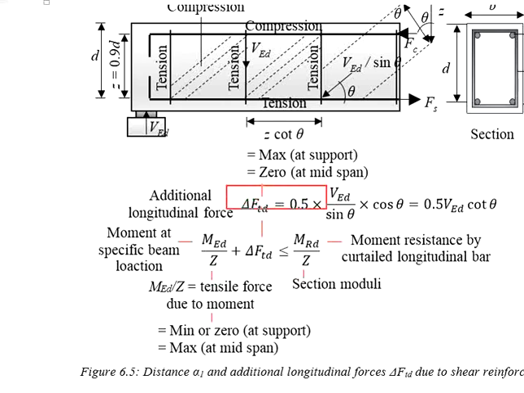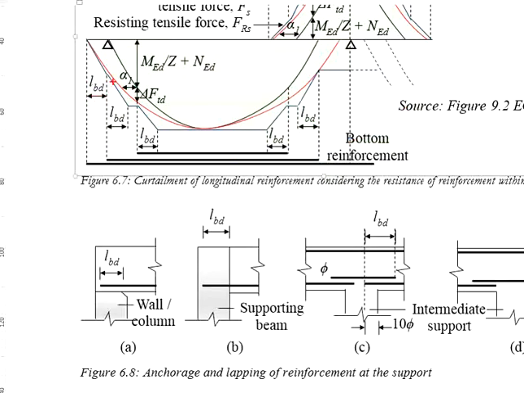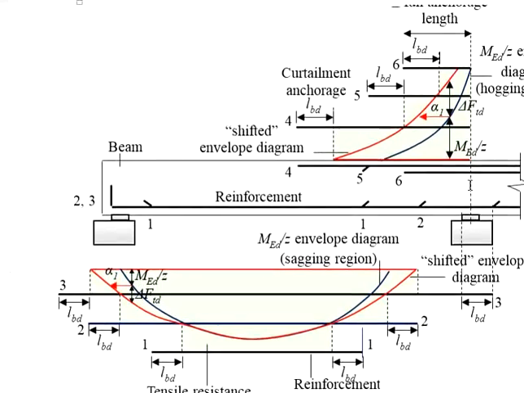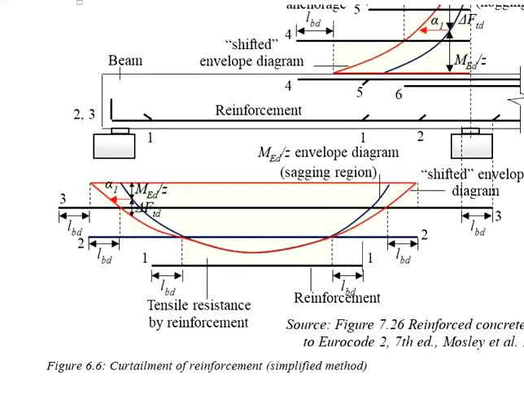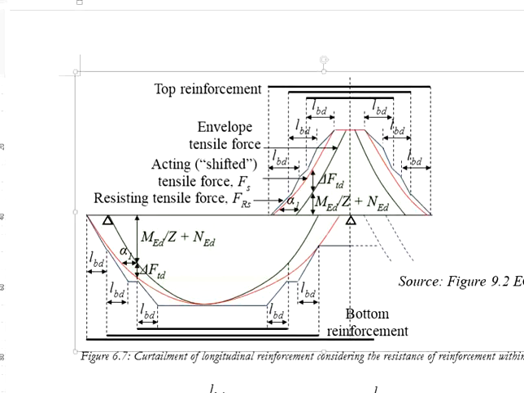The additional longitudinal force due to the shearing is given here. Plus this additional shearing, it falls just nice on the shifted curve at alpha 1 as indicated here. This concept is the same as the one that we discussed previously and also the one that you see in Eurocode 2.